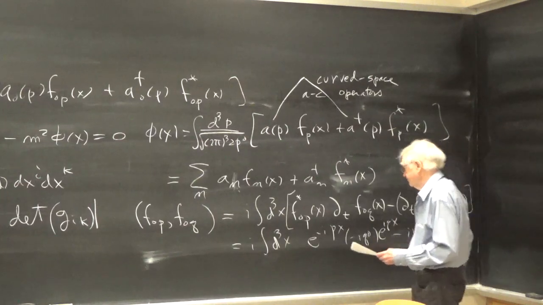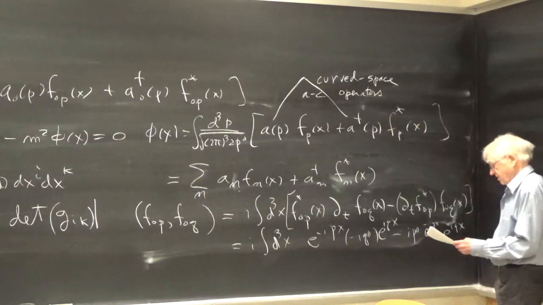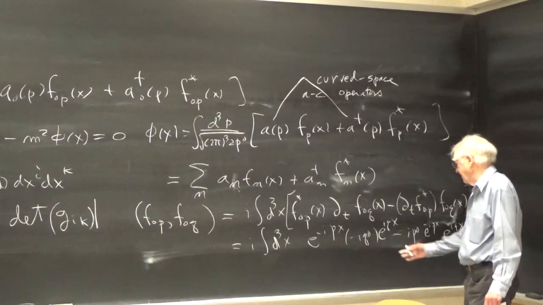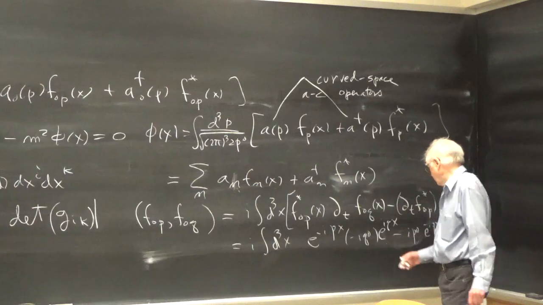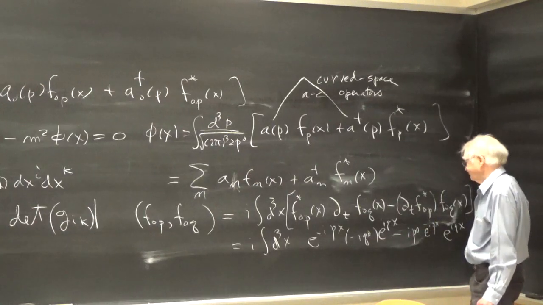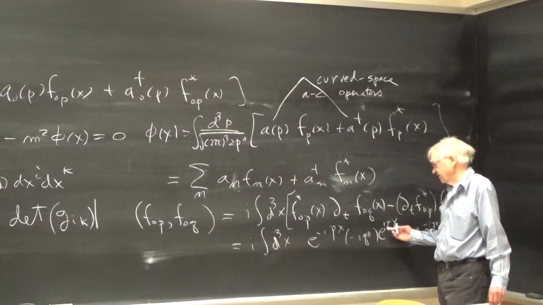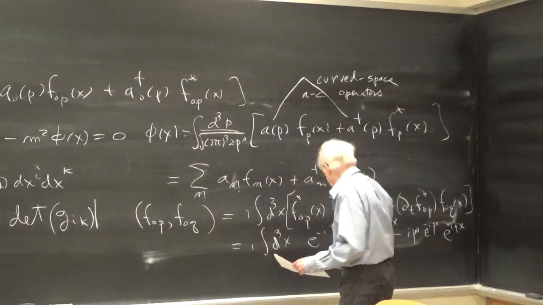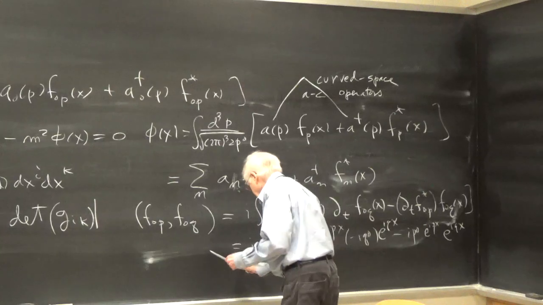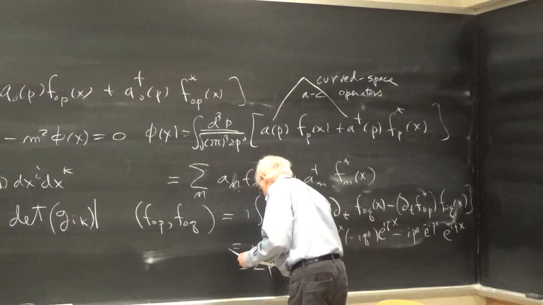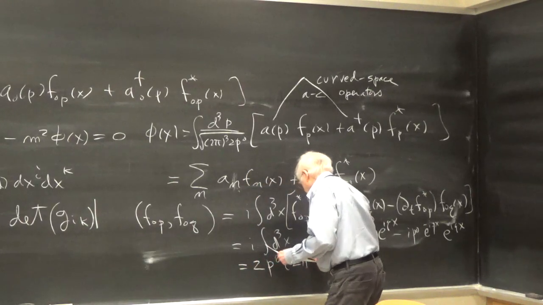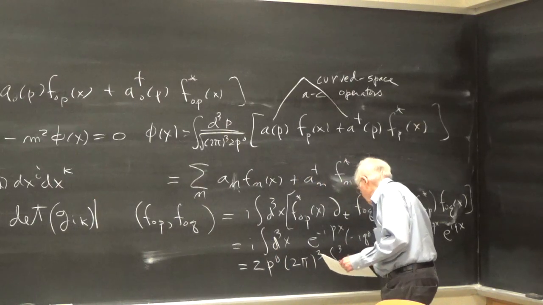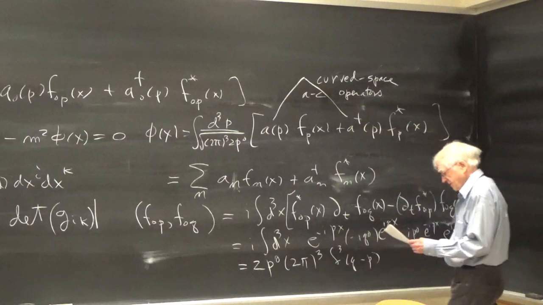So you can see what that'll do. You're going to have two terms contributing, and you're going to have a delta function of momentum and a 2 pi cubed, and the i's come out appropriately. So this is 2p0, 2 pi cubed, delta cubed of q minus p or p minus q.